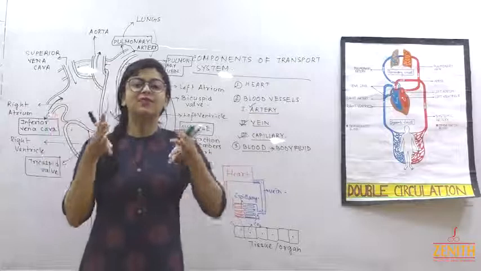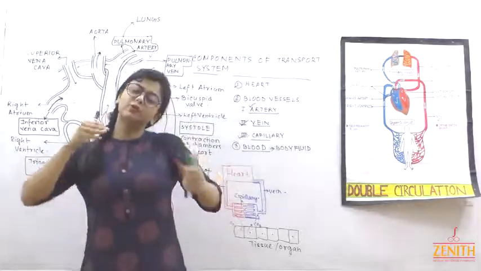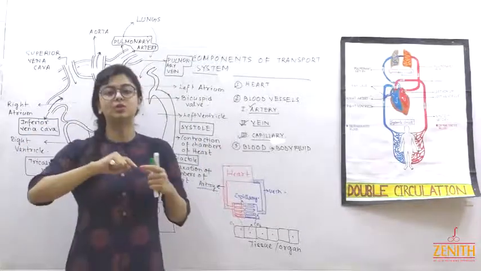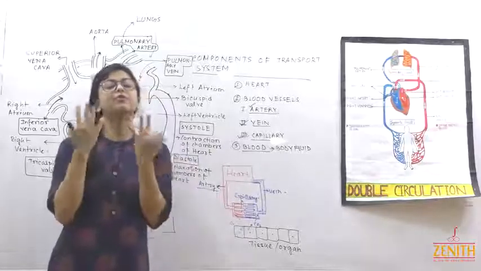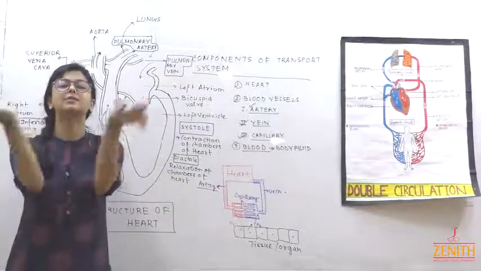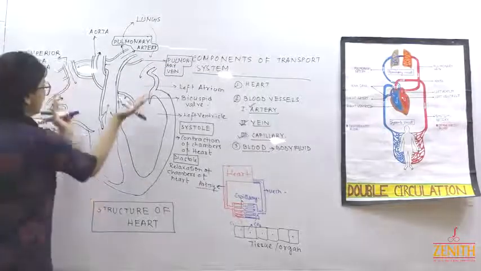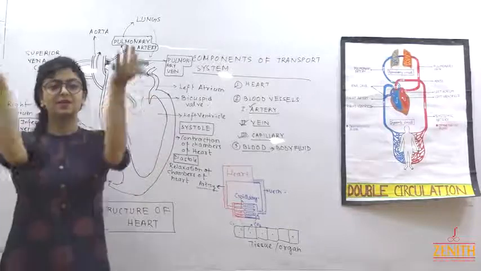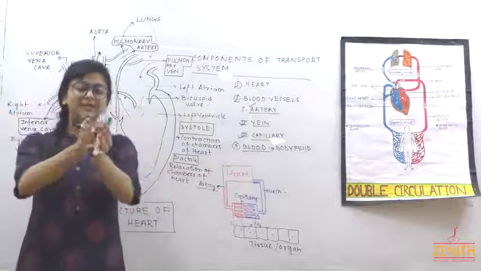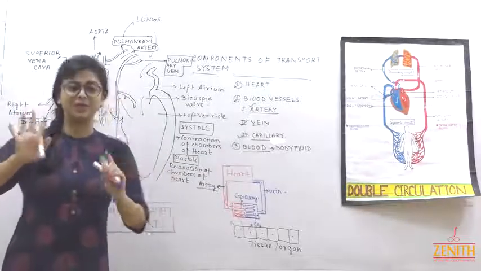When the chambers of the heart are doing systole, that means when they are contracting, the blood will be pushed, the blood will be pumped so that the blood will now enter the next chamber. And when the chambers of our heart are relaxing, they will take the blood inside them. So when the chambers are relaxing and taking the blood, that is diastole. When they are contracting, they will push the blood, they will pump the blood to the different parts of our body.